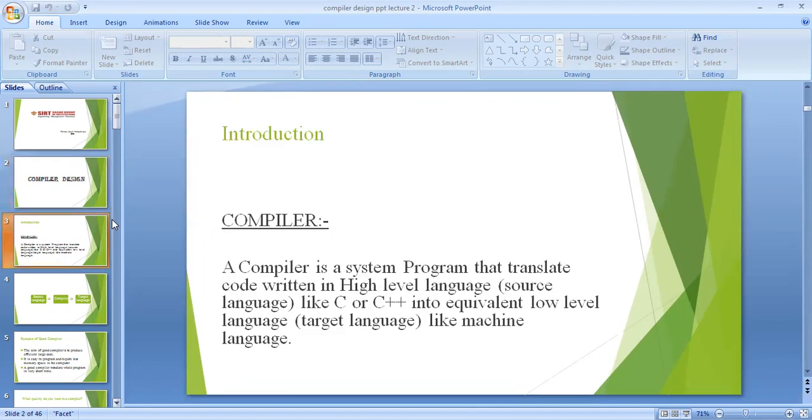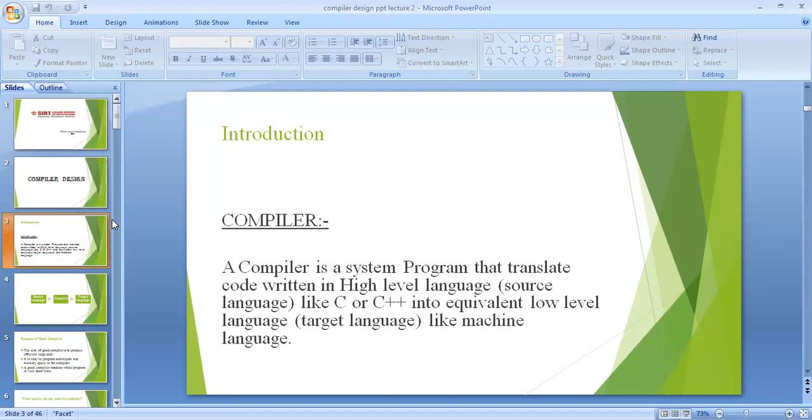Now we will discuss more about the compiler. A compiler is a system program that translates code written in a high-level language like C and C++ into an equivalent low-level language. We write source code in human-readable language, and the compiler is used to change that human-readable code into machine language, because the system understands machine language.